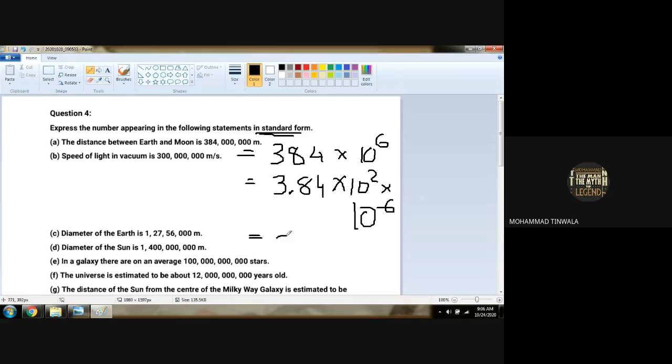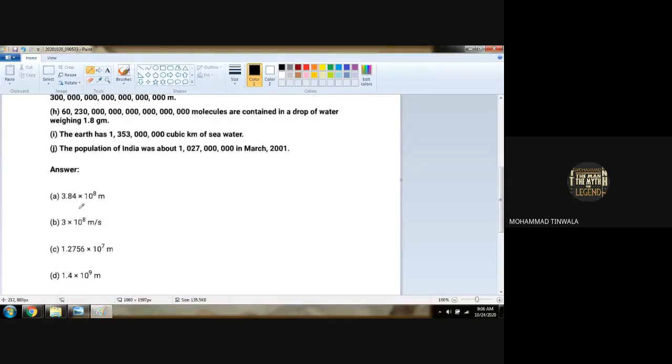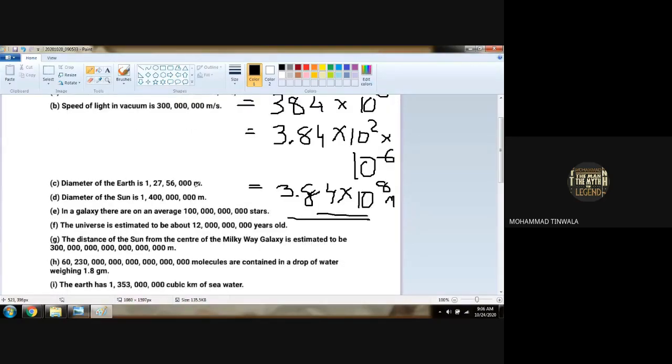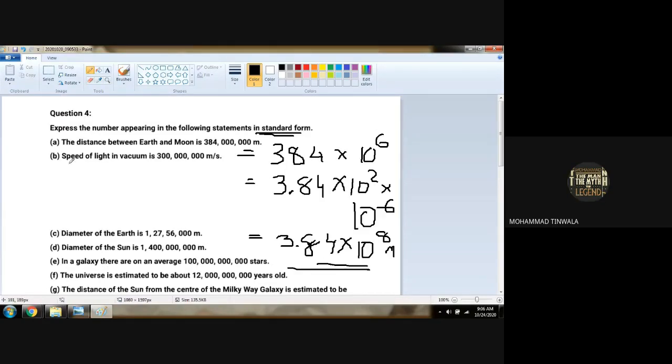So it is equal to 3.84 into 10 raised to 8. Understood? And પાછળ મીટર છે તો અહીંયા મીટર લગાડતા નહીં ભૂલવાનું. Let us check. 3.84 multiplied by 10 raised to the power 8 meter. Got it? Anybody has any doubt with this? Okay. Second question.